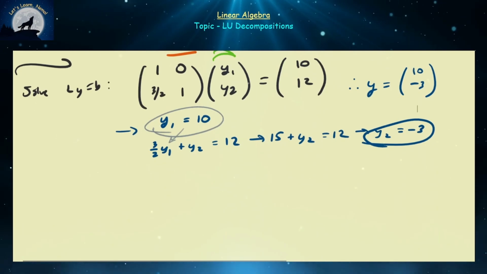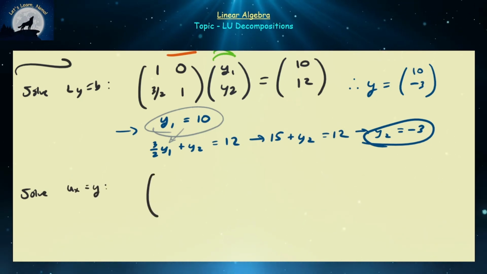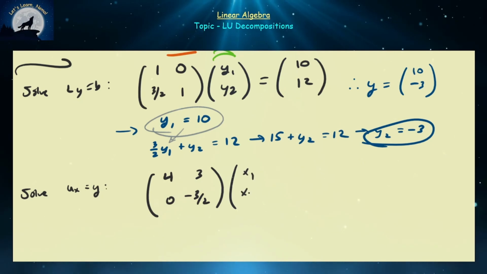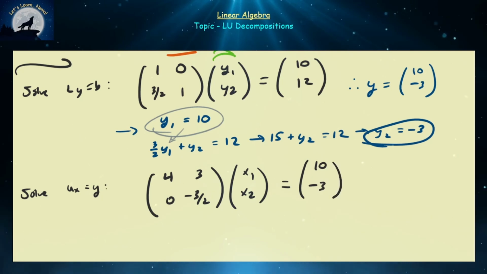So once we solve Ly equals b, then we're going to solve Ux equals y. So what was our U? Our U, remember, is just [4, 3; 0, -3/2] times [x1, x2], and our y we just found is [10, -3].